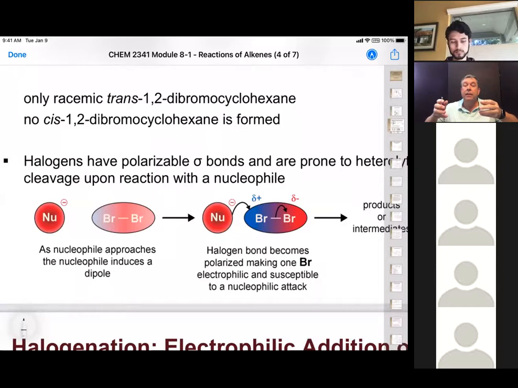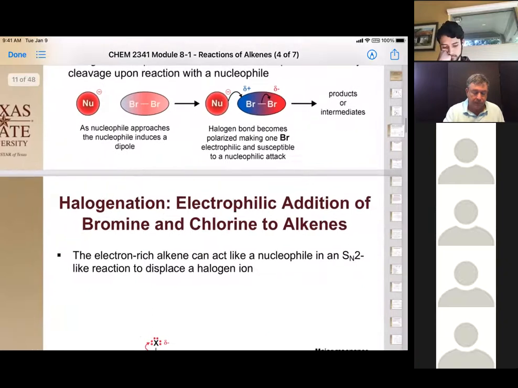Once it starts polarizing that bond, that means the electrons from the nucleophile can attach to the bromine, and the electrons that were binding the two bromines together go onto the other bromine, giving us bromide ion, okay? So we have the same thing that's happening as a nucleophile attack, but we have to induce a dipole in the bromine to make it happen. Okay.